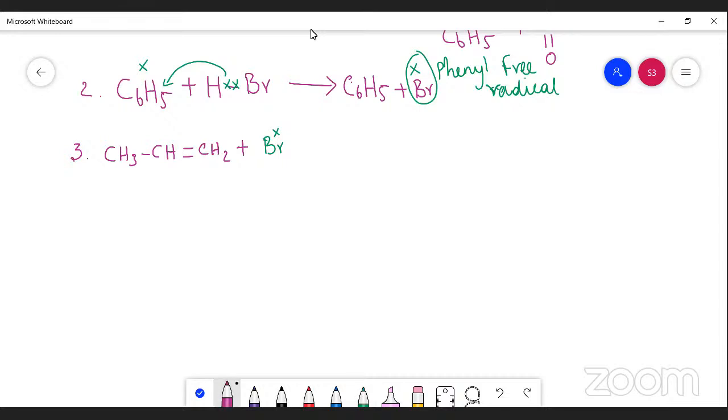Suppose it is attached to the second carbon, what will happen? Listen, we are saying it is attached to that second carbon. So we have CH3, then CH attached with bromine, making a bond with Br, and here CH2.